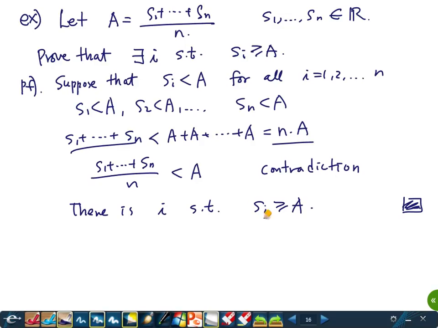So here, did I explicitly exhibit S_i? Did I say that in this case S_1 satisfies this? No, I didn't say that. I didn't say that S_2 satisfies this. I didn't specify what i should be. So this is an example of a non-constructive proof, because I didn't construct the i satisfying this.